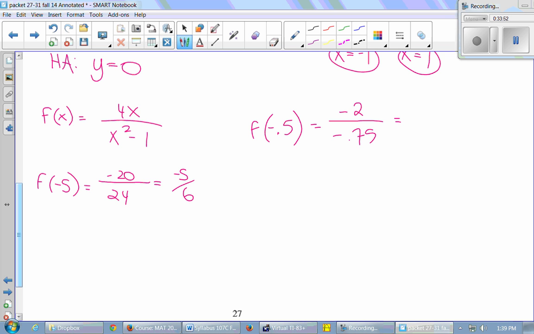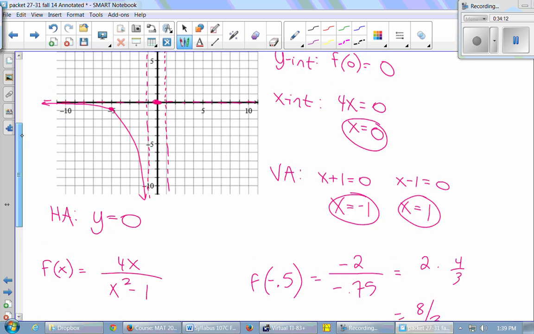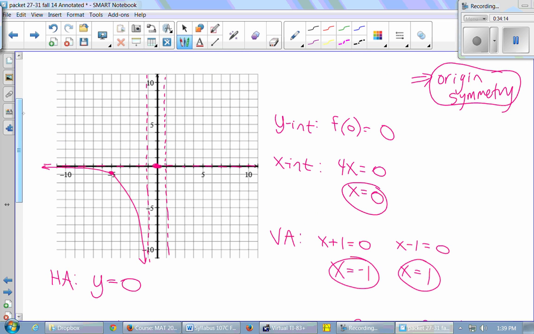So it's going to be +2 times 4 thirds, which is 8 thirds. So instead of dividing by 3/4, I just did times 4 thirds. And the top and bottom are both negative, so it's going to be +8 thirds. So -0.5, +8 thirds. So -1/2, +8 thirds. That's like 2 2/3, something like that.